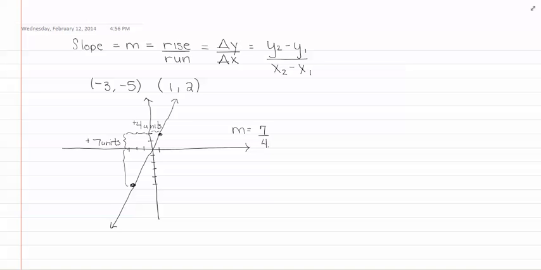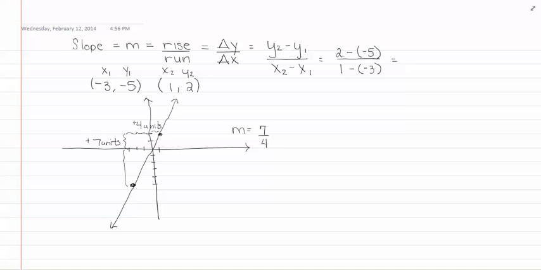so it has a slope of 7/4. We can also plug into the formula and label the formula x1, y1, x2, y2, and then just simply go right to the formula. y sub 2 minus y sub 1 over x sub 2 minus x sub 1.